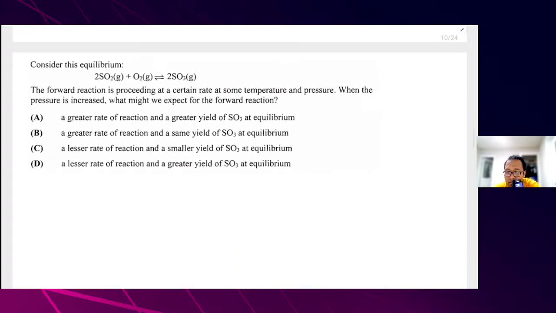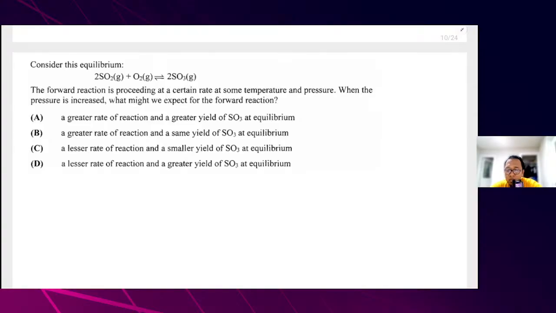Now let's take a look at the last question for this session. We can continue after that. Consider the equilibrium. The forward reaction is proceeding at a certain rate at some temperature and pressure. When the pressure increases, what might we expect for the forward reaction?